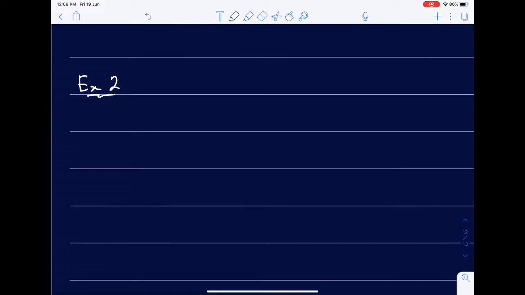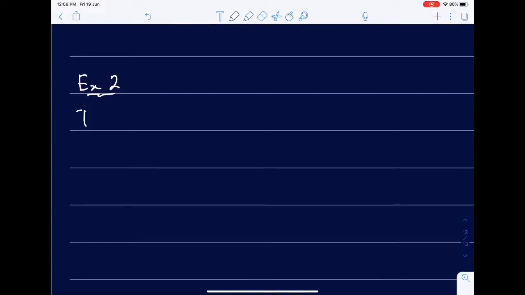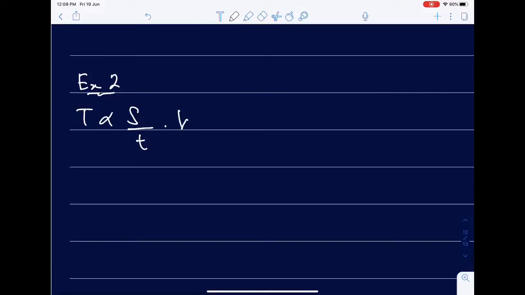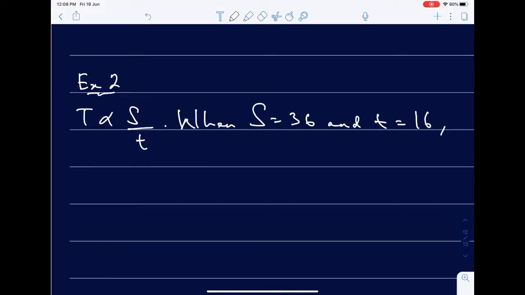Example 2. T varies directly as big S and inversely as small t. When big S equals 36 and small t equals 16, big T equals 27.